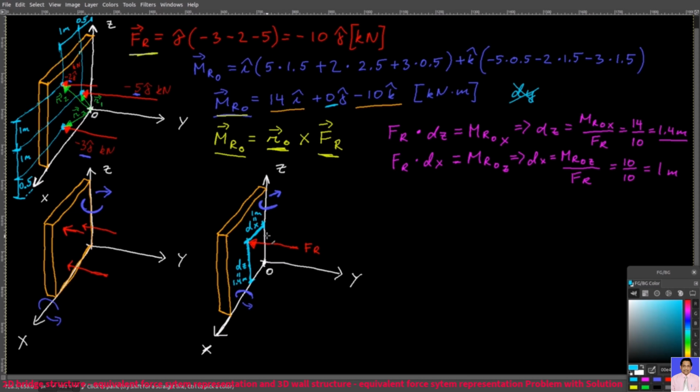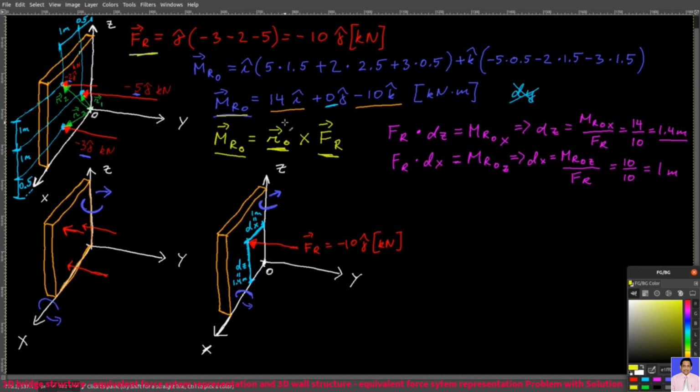So FR, that is in the negative y direction, and which is 10 kilonewtons, it causes a moment of 14 kilonewton meters about the positive x-axis if you place this force at z equals 1.4 meters, and then the same force will cause a moment of 10 kilonewton meters about the negative z-axis if you place this force at x equals 1 meter.